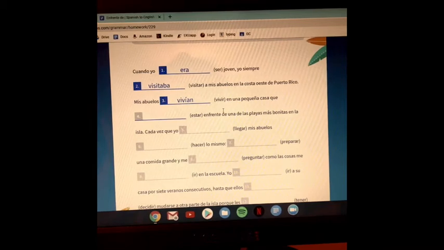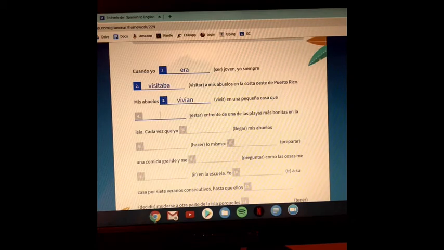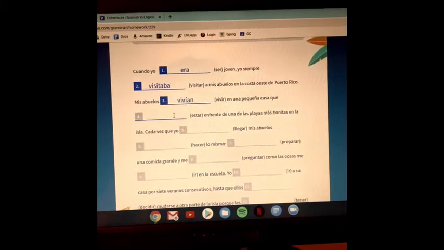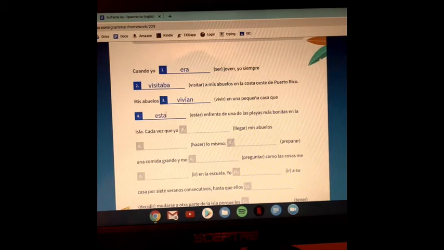Spoiler alert, most of these questions are imperfect, okay? So I'm going to give you these 4 and then one of the preterites. But anyways, this one won't be estaban because it's not mis abuelos who were across from. It was the pequeña casa, the small house. So this will be estaba.